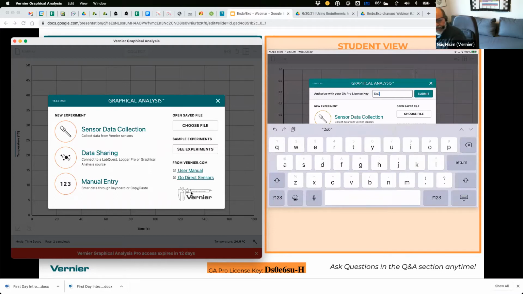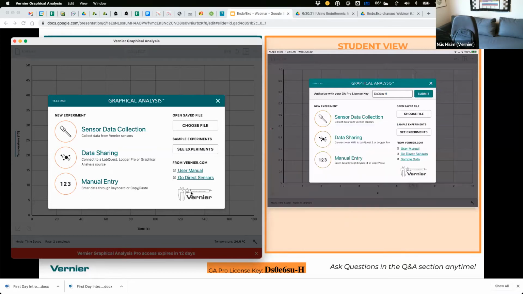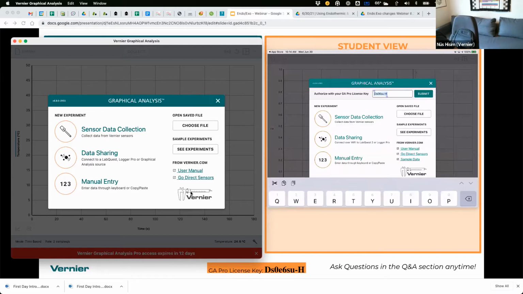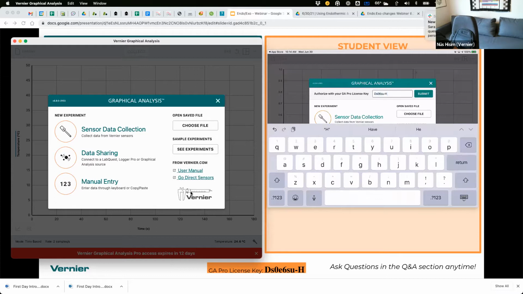And then E6, and then SU dash, where's a dash, number, dash, and a capital H. All right, cross my fingers here and see if I did it right. Okay, invalid key. DS06SU, DS0, oh, there's an E in there. Dang. Figures I'd kill time doing this. Where was that E? Is it after the 0?